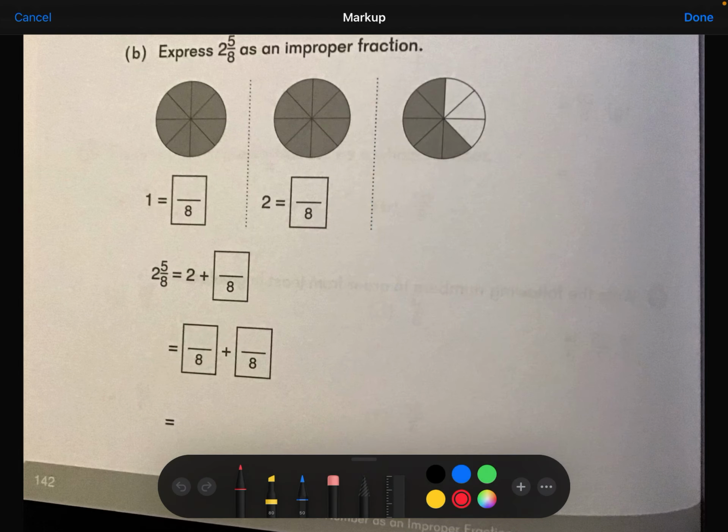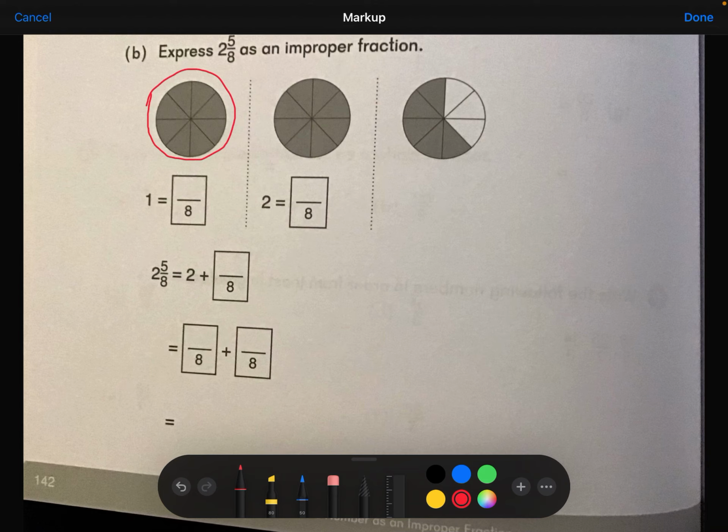If we look here, we are asked what one whole represents in this first pie. They've given us the denominator of 8, so in order to figure this out, we need to know what the numerator is representing.